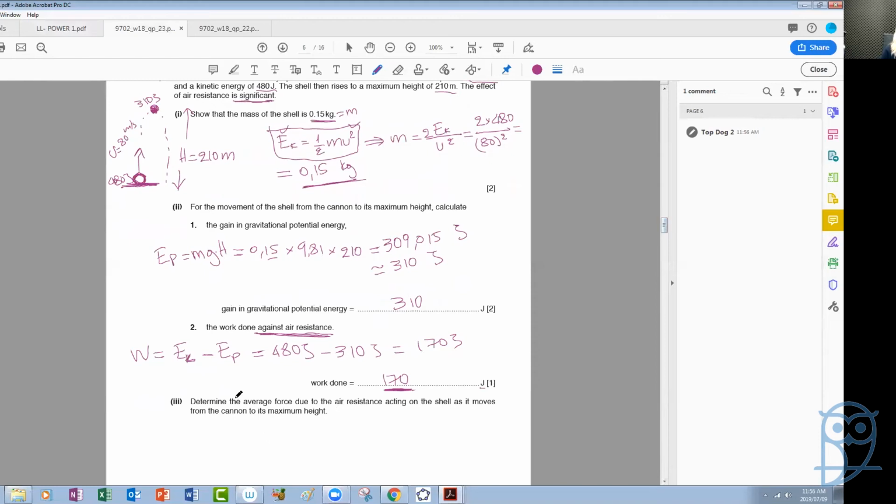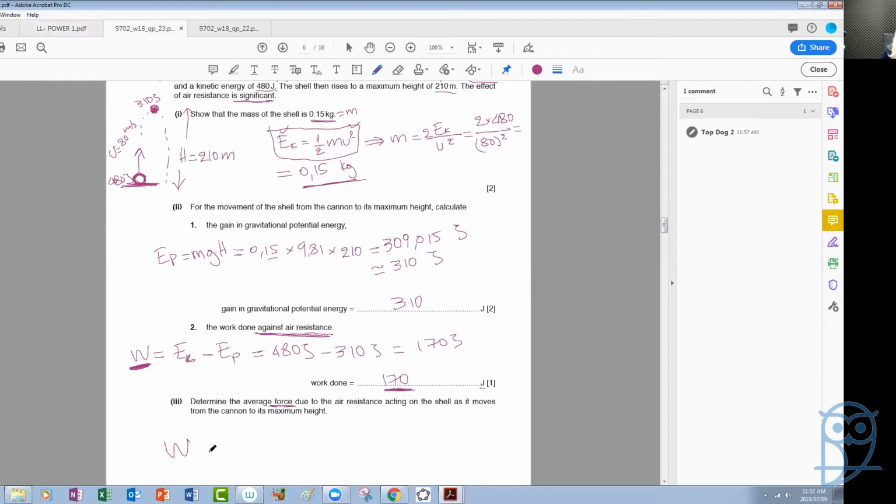All right, so we need to find now this force, the air resistance. The average force that was acting from there up to there. And we can find it now because we know how much work this force has done, the work against the air resistance.